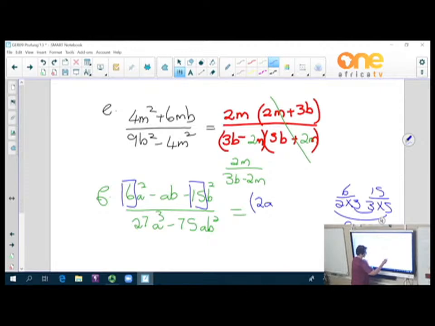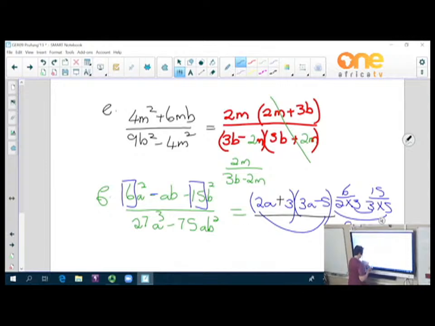So that is the combination that I'm going to use. So it's 2a times 3a. I want to combine the 2 with a 5, the 2 with a 5, the 3 with a 3. Signs differ. The biggest combination is negative. This is your biggest combination, the 10. So this one is negative and this one is positive. And then here, this is highest common factor again.